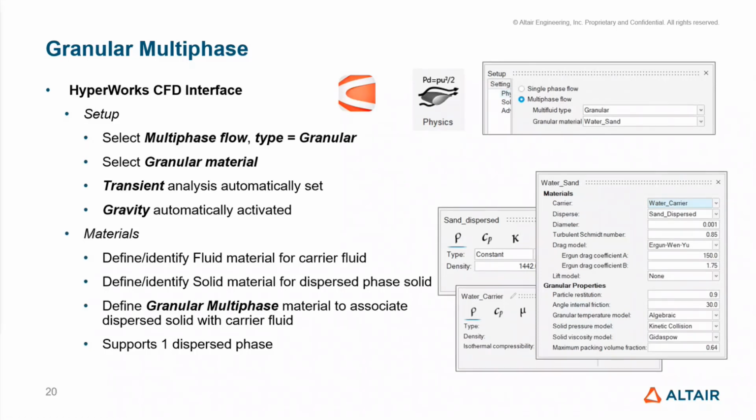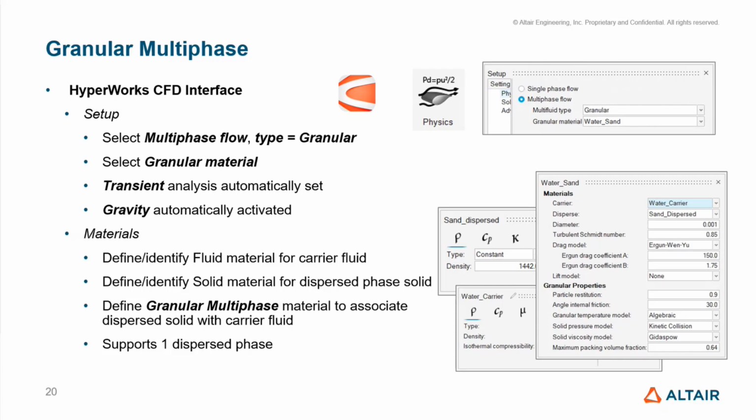In the HyperWorks CFD interface, to simulate granular flow, the process is a little bit different. The user should select the multi-fluid type granular. Similar to the Euler-Euler multiphase workflow in HyperWorks CFD, the default material is populated, this time for a granular material. A new material can be defined.